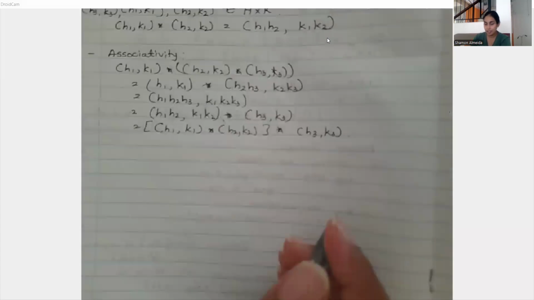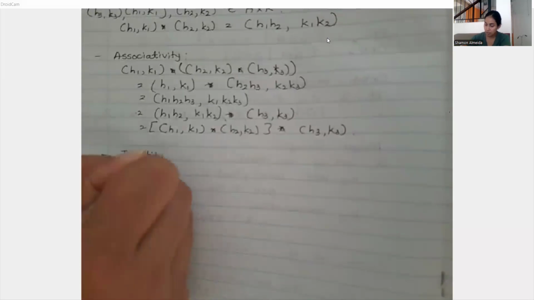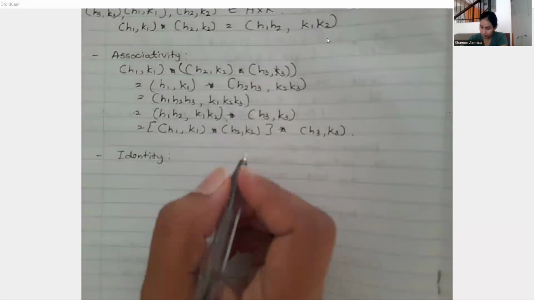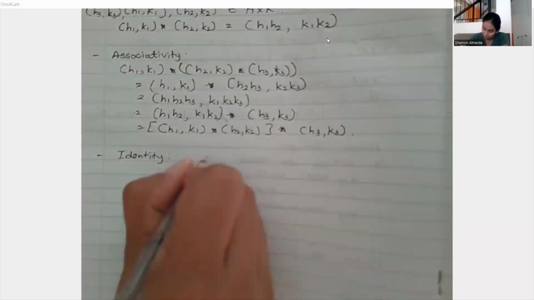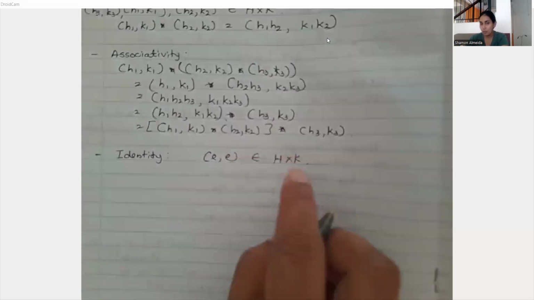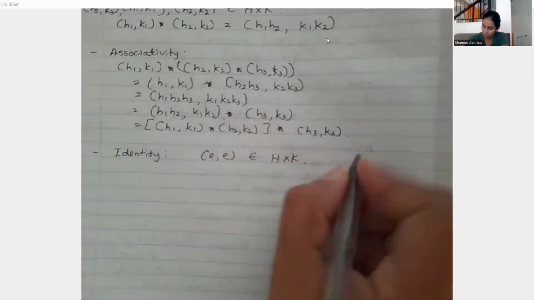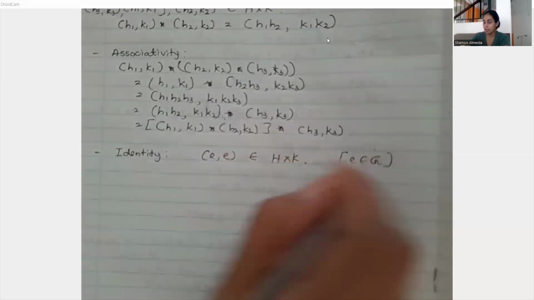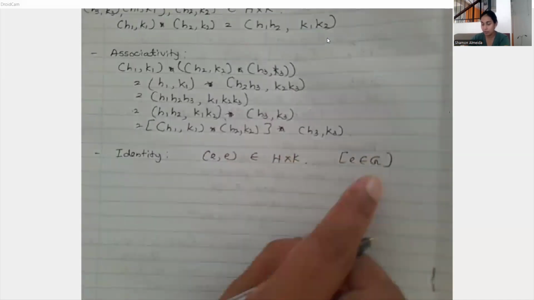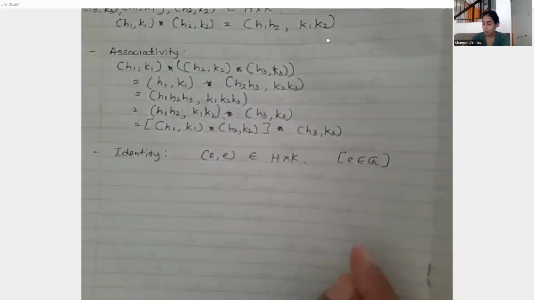And the identity is given by (e, e), which is an element in H cross K. Why do we have this? Observe that H is a subgroup of G. So the identity in G, this identity is the identity in the group G. Because H is a subgroup of G, e is an element in H. Once again, because K is a subgroup of G, e is also an element in K, which is also the identity.